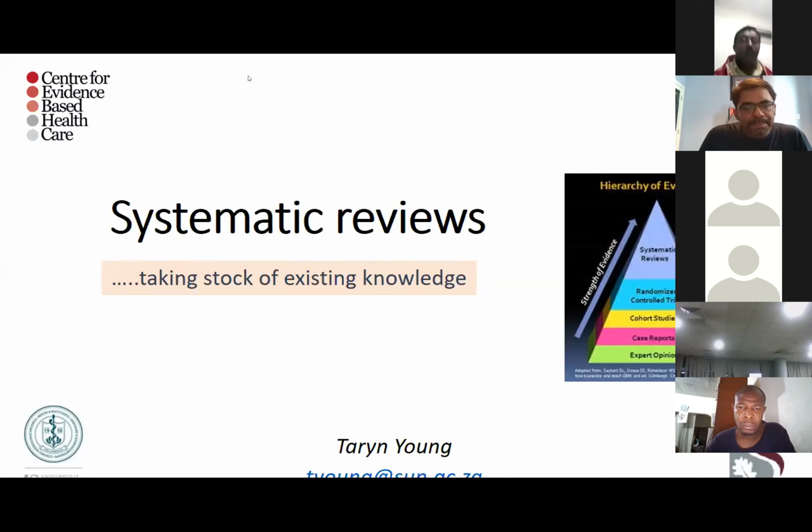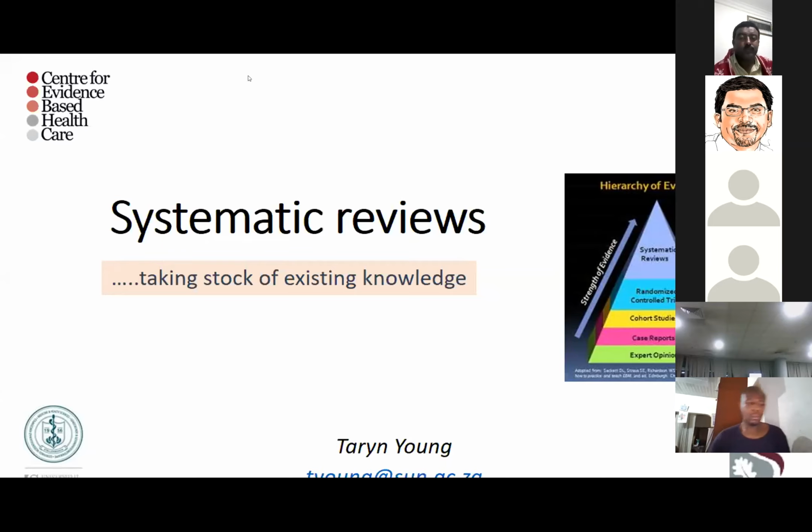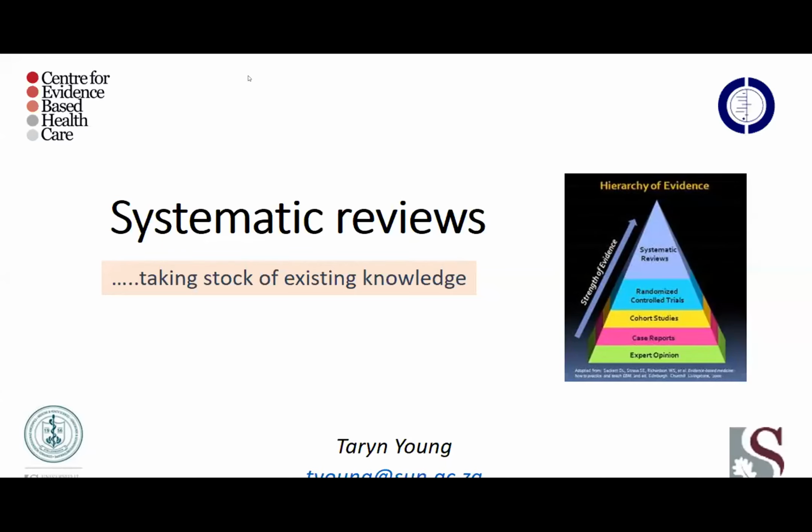So the talk that I'm going to be taking you through is around systematic reviews, which is a form of research that's often referred to as secondary research. And it's all about taking stock of all of the existing knowledge and existing research that's available.